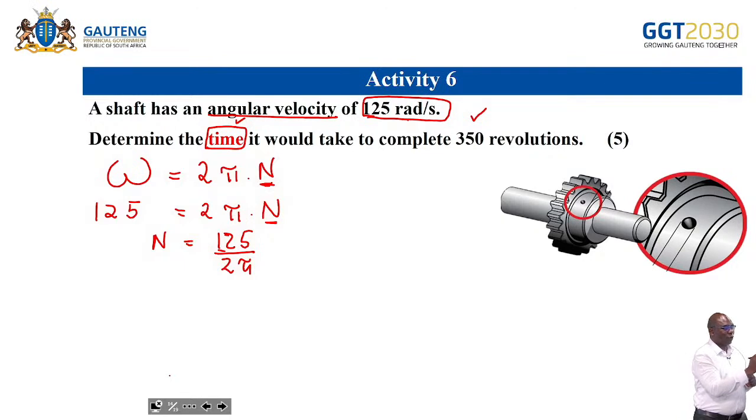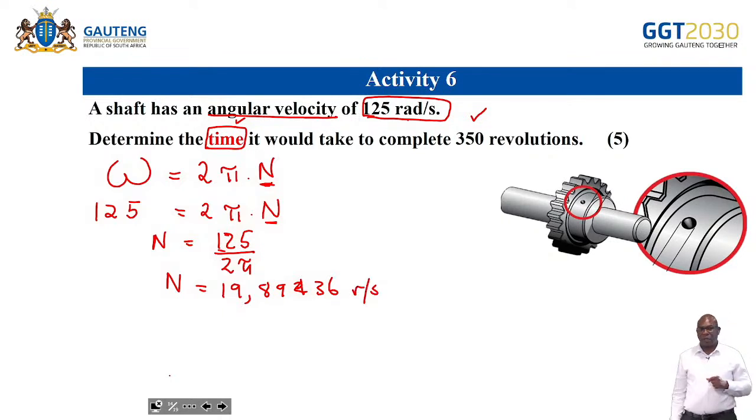So the answer that we're going to get there is n equals 19.89436 revolutions per second. So we have the revolutions per second, but now remember what we need here.